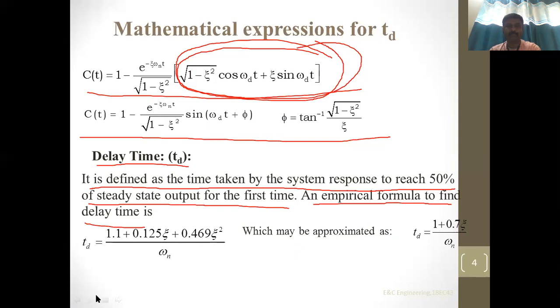This is the expression we use for evaluating the delay time.